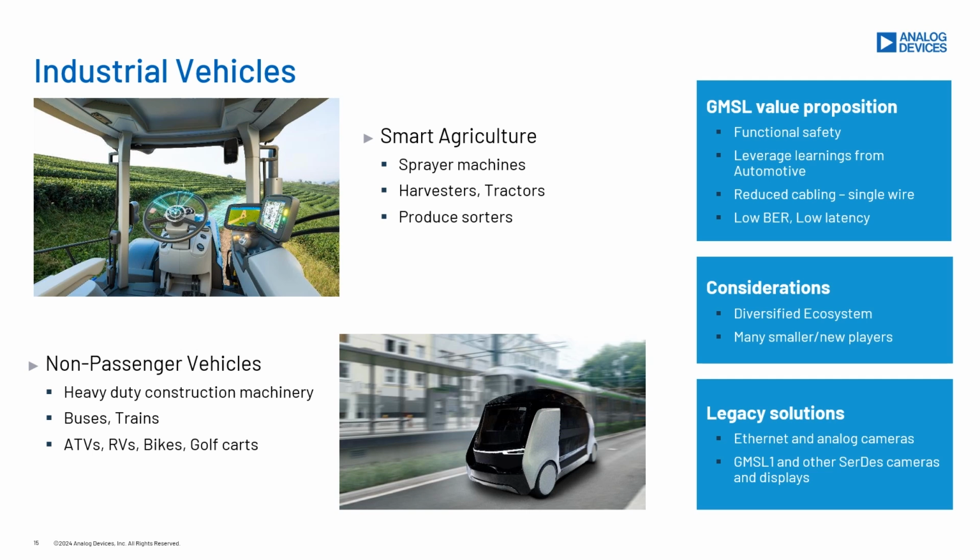There are many smaller and new players in both the supply chain and OEMs. Some equipment or cars are highly customized, and sometimes these cameras or displays are post-installed, so the requirements can sometimes be difficult to summarize from the OEMs themselves.